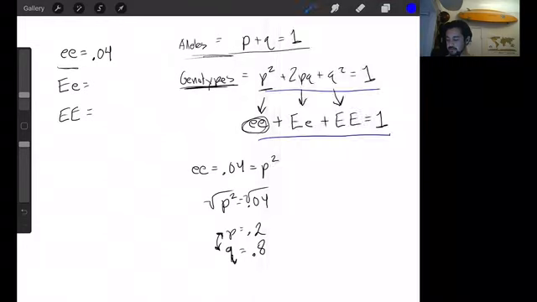So for example, what would be the equation for finding heterozygotes? So this right here is the heterozygotes, right? So what part of the genotype equation corresponds to the heterozygotes?